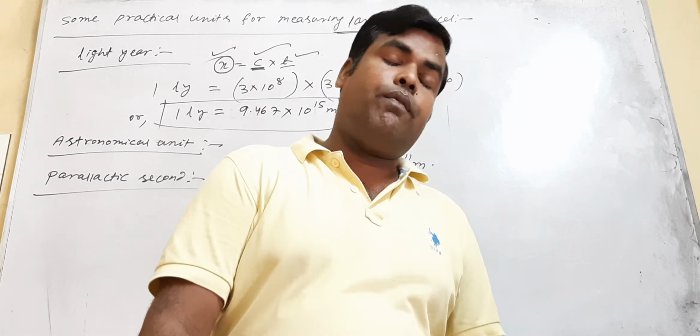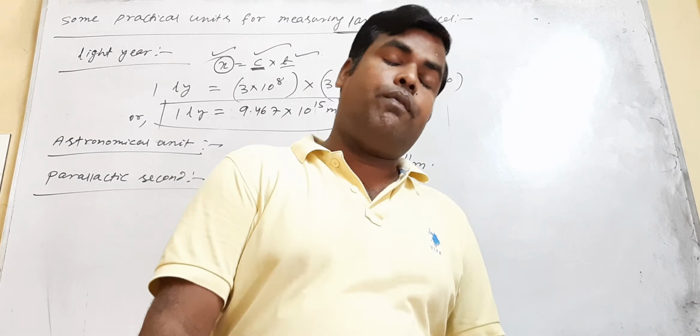Repeating again, it is the distance at which an arc of length 1 AU, which subtends an angle 1 second of arc, that is 1 arc second.